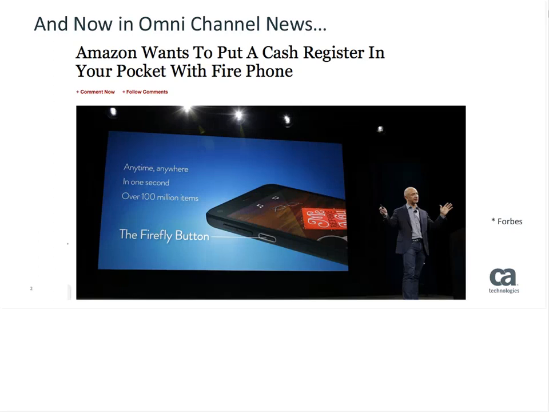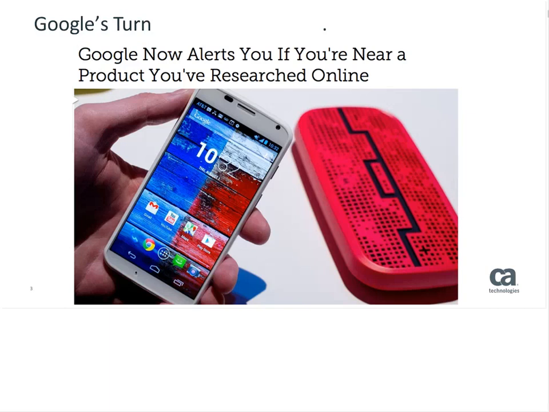Now, if you take the other side of that coin, for better or worse, about a month ago, if you missed it, Google announced that Google Now will alert you when you're physically in proximity to a product that you've been researching online. So it's almost the inverse of what you just saw Amazon do, for the moment anyway.